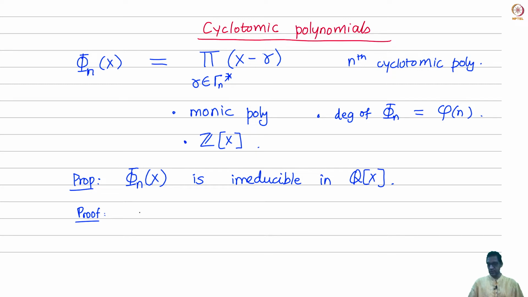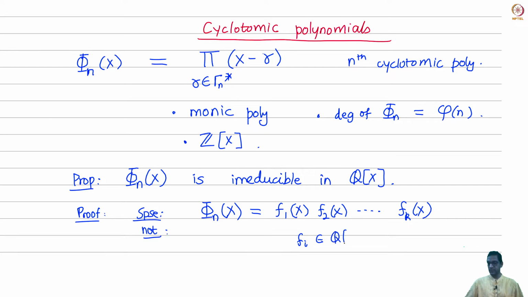Let's write out the proof. Suppose it's not irreducible, then I can write it as a product of irreducible factors. The f_i's are all elements of Q[x] and are irreducible.